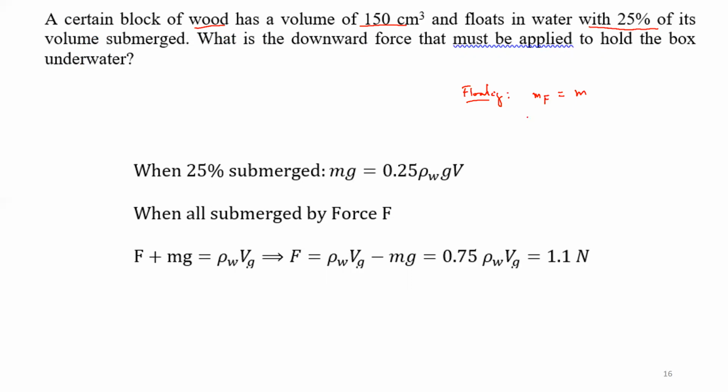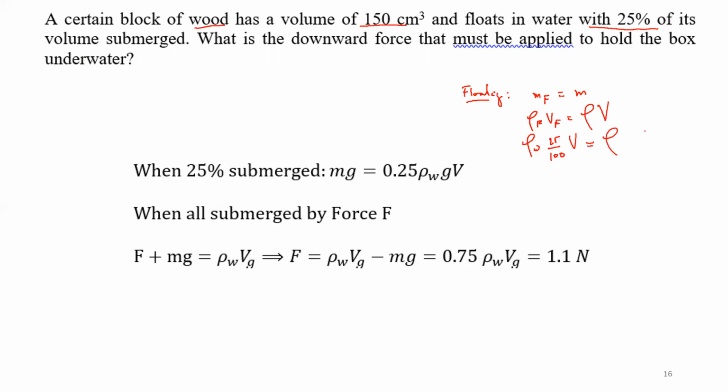So that means rho F VF is equal to what? Rho object V object. Okay, good. So here, rho F is rho of water, of course. V of the fluid displaced is 25% of the volume of the object. And this is equal to what?